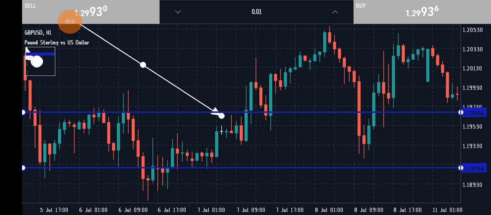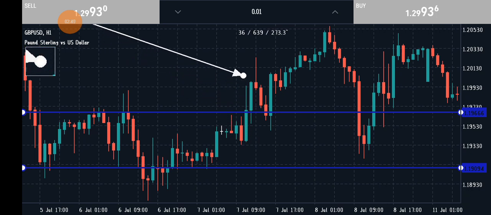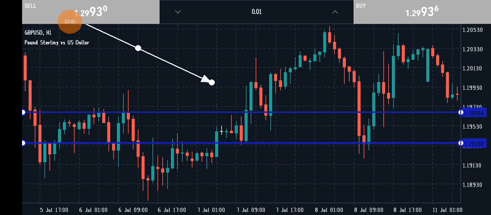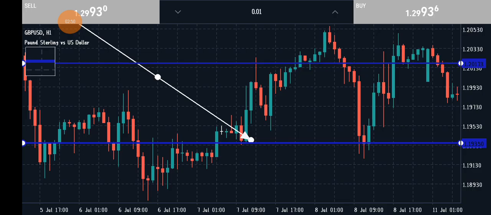You understand? So when you see your green candle in your zone and you buy, and the market breaks out, you shift this line to the beginning of this green candle, and you shift the other to the beginning of the red candle.